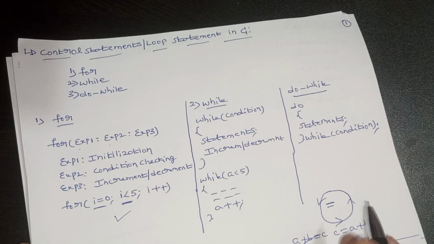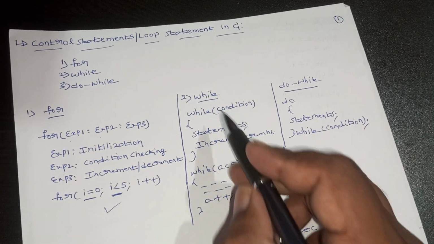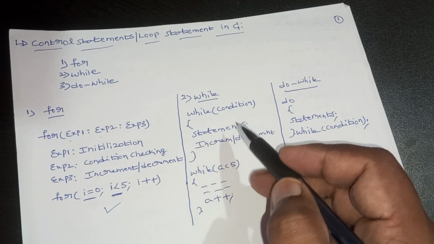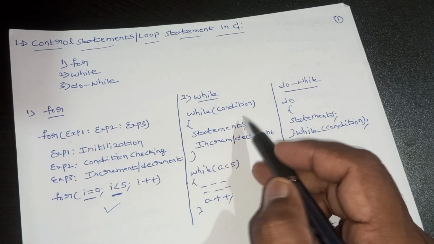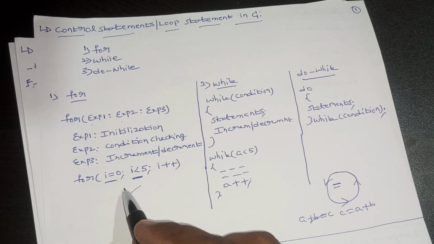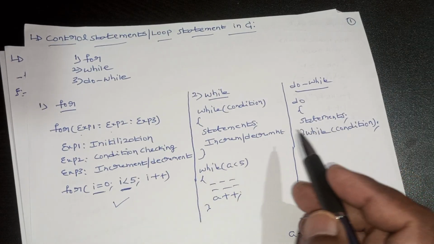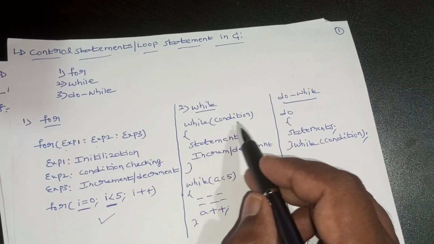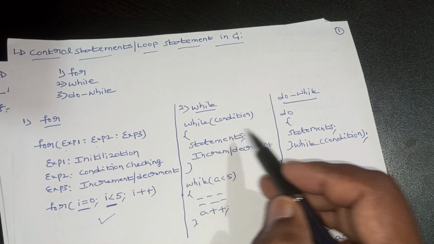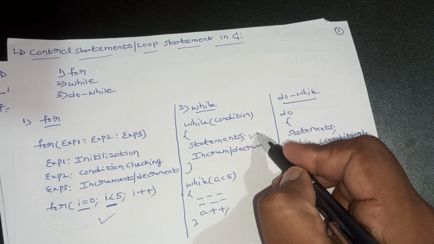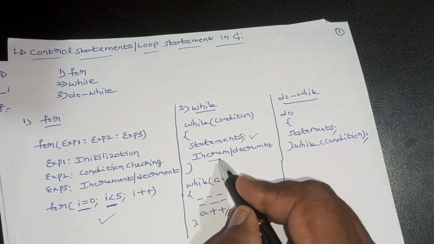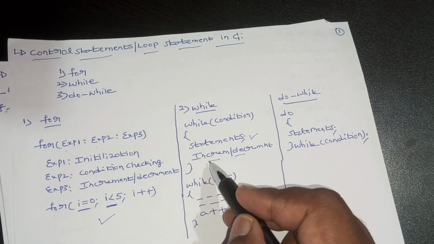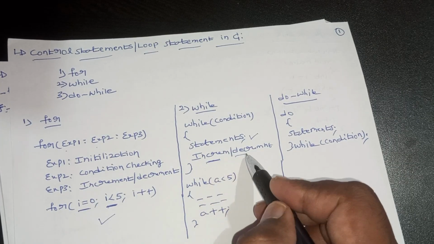Now coming to the while loop. In a while loop, you have to check the condition. Always make a note, for the for loop, while loop, or do while loop, you have to check the condition. When the condition is true, you execute some set of statements, then you perform increment or decrement. In a while loop, this increment or decrement is mandatory.